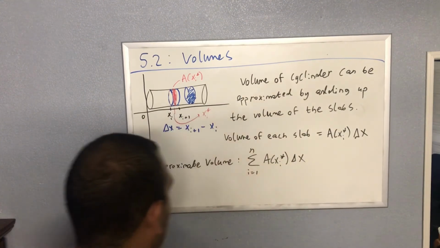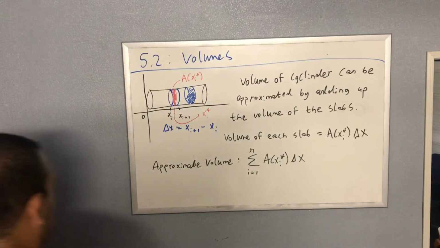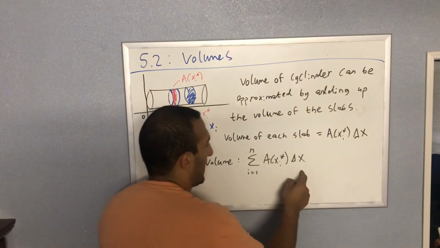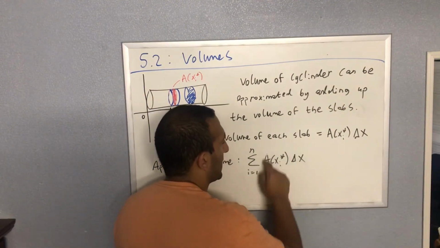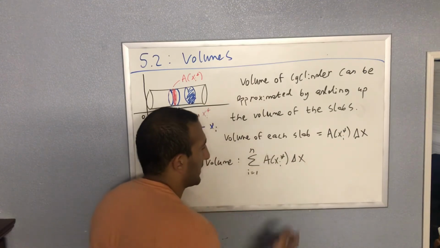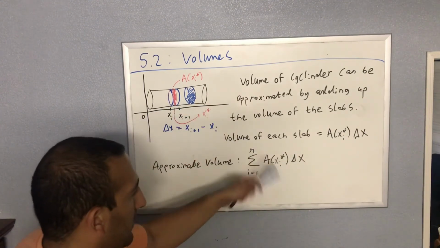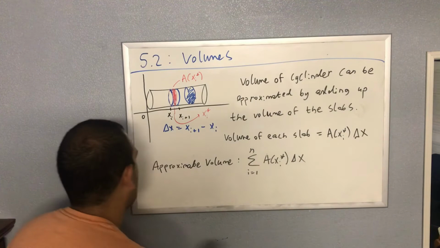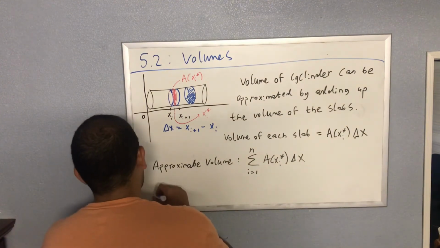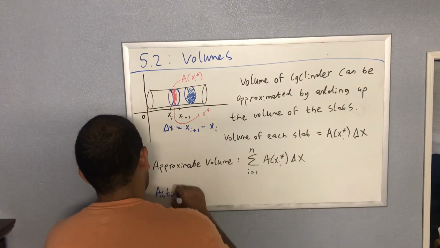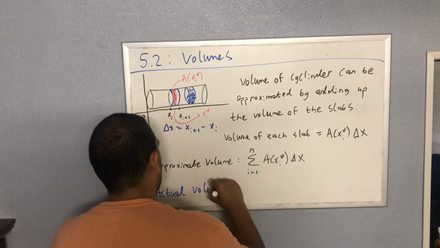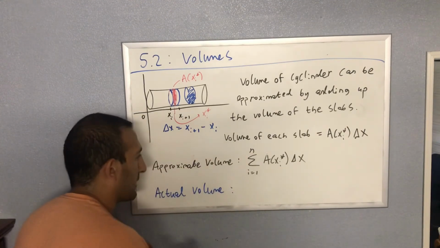Each term in this sum is just the volume of the slab. So when i is 1, that's the volume of the first slab. When i is 2, that's the volume of the second slab. You're just adding up these volumes. So then the actual volume is when we let the number of slabs go to infinity.